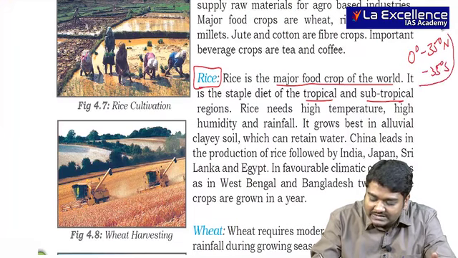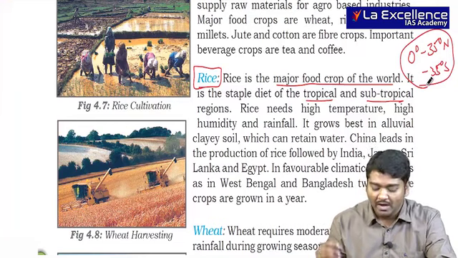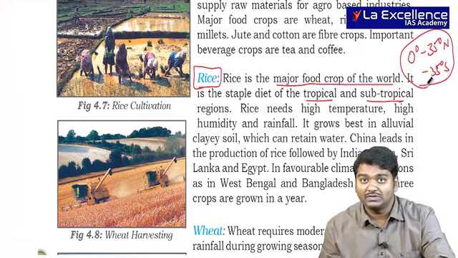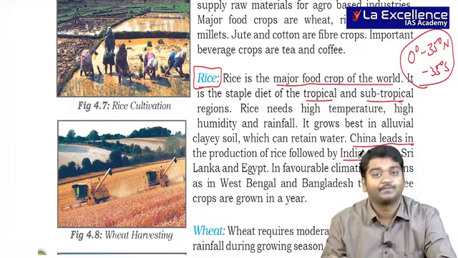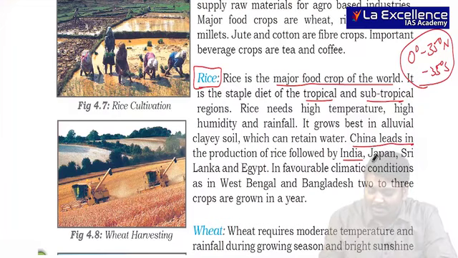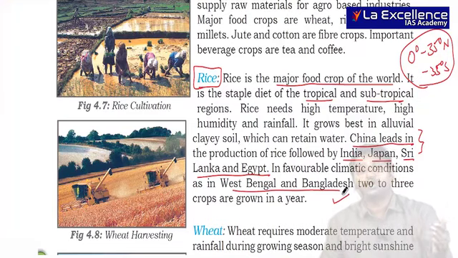India is the largest producer. Along with India, even China produces rice. Japan, Sri Lanka and Egypt also fall in this region. West Bengal and Bangladesh usually get 2 to 3 crops, mainly because they get very good rainfall.